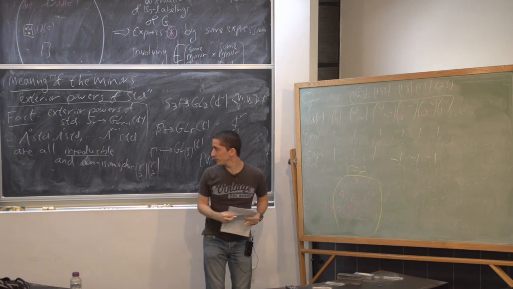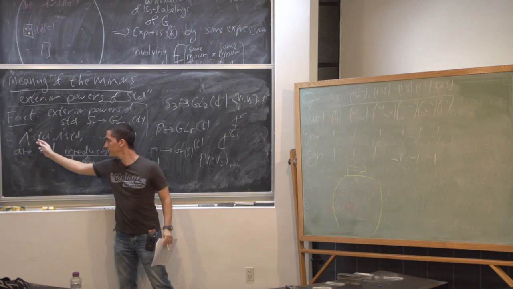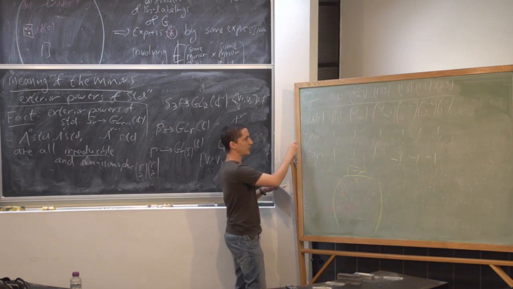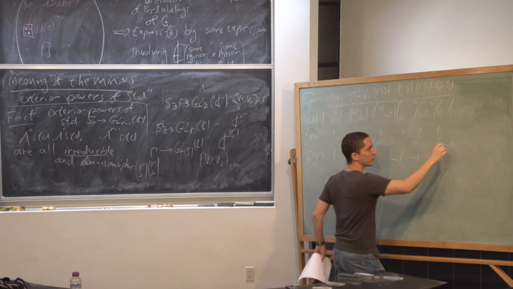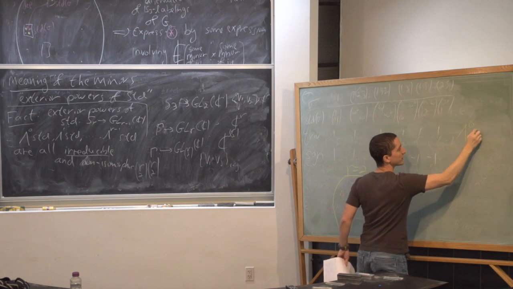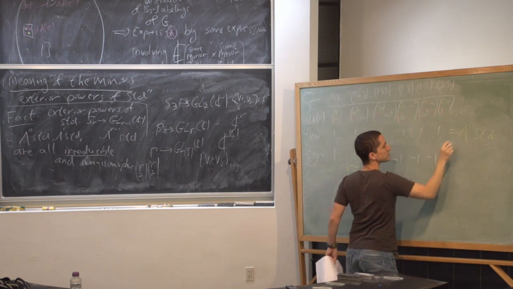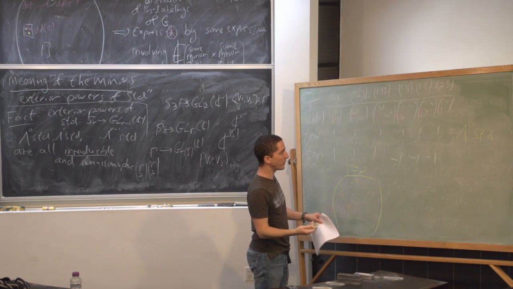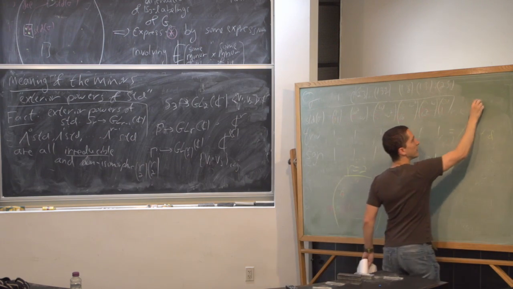Okay, so in this case, for example, this is the standard representation. The zero exterior power, the minor of the empty set, you always get the trivial one. The first exterior power just leaves you at the same place.